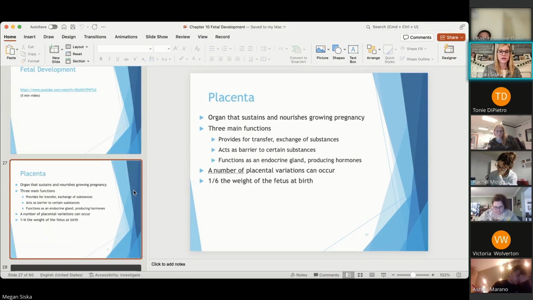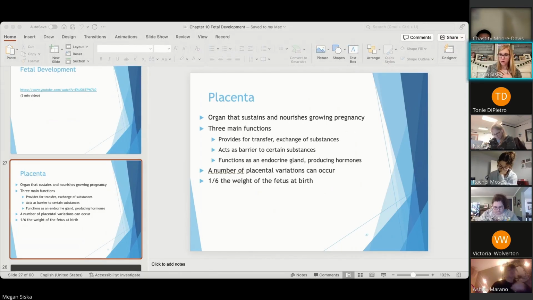Okay, so let's talk about some of the supportive structures of pregnancy. The placenta, and I'm a weirdo, but I love a placenta. I think they are the coolest thing, that our body creates this organ, and it's a pretty large organ.